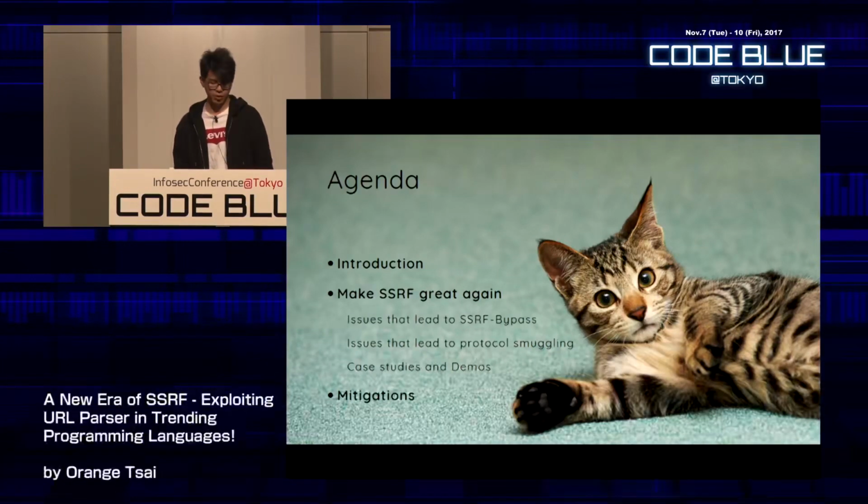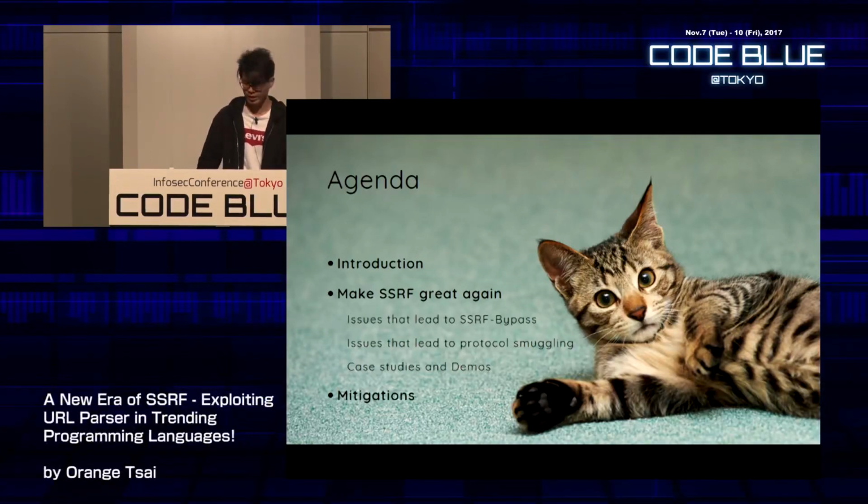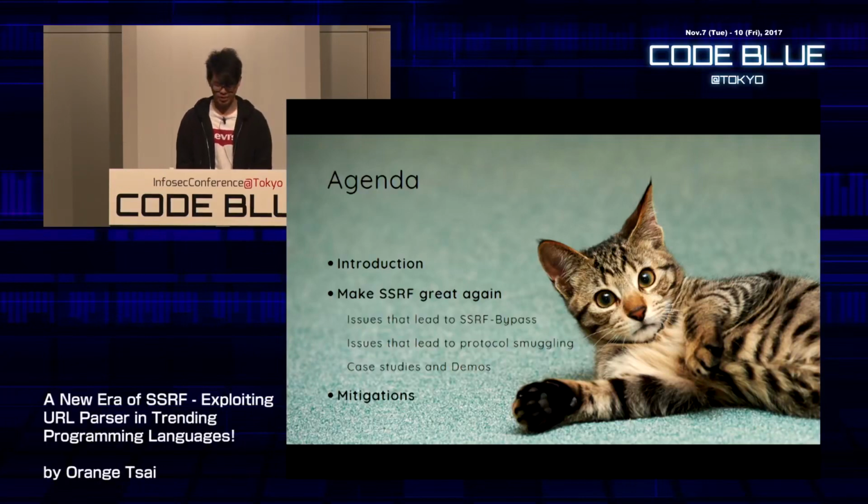Next, I will talk about my findings in both an attack surface on SSRF bypass and a new attack vector in protocol smuggling that enhances the existing SSRF. By combining these, we can achieve more advanced exploitation or compromise the server. Of course, we will have case studies and a demo.